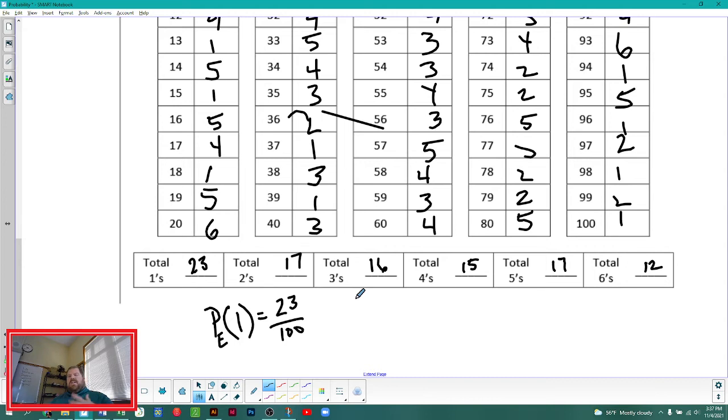We would expect, realistically, to get between 16 and 17 of each. Because I had that 23, I also traded it off with having not very many 6s, only having 12 6s. So overall, not bad.